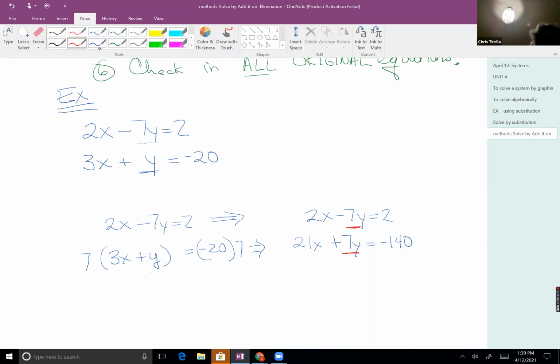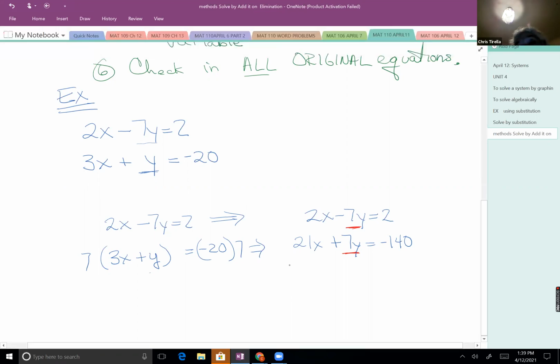So now that they're opposites, make sure my equal signs are lined up. If these are equal and these are equal, their sum should be equal. And when I add down, I get 23x, minus 7y plus 7y is 0y, and there are no y's left.